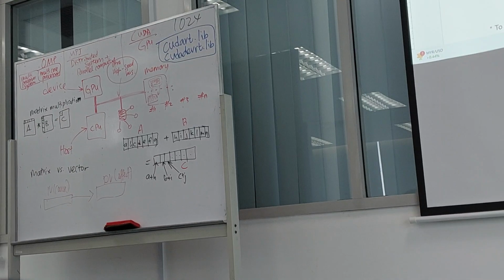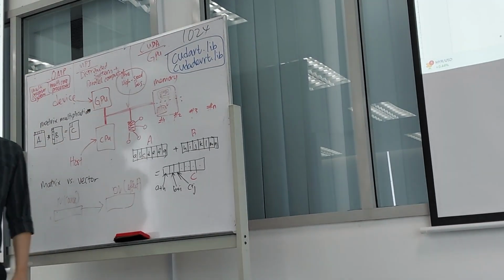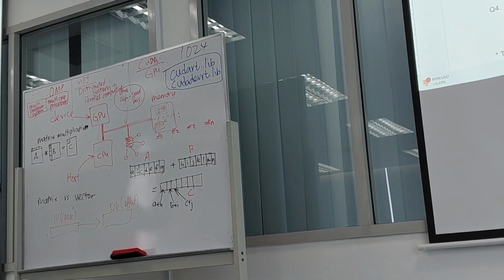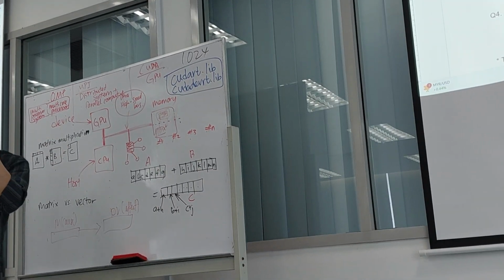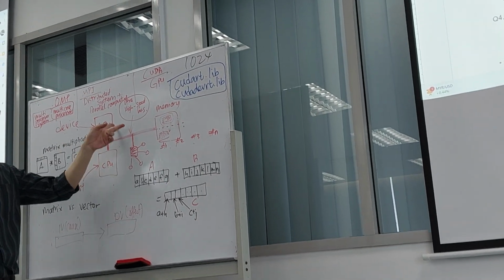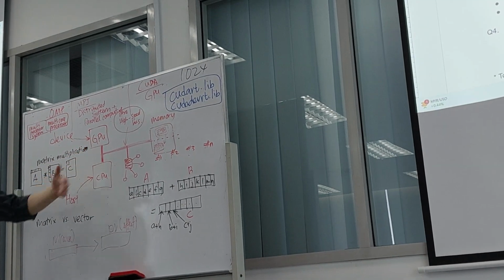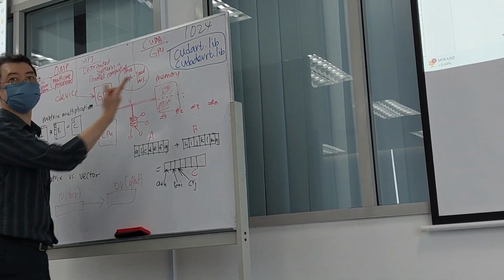Now there are two sets of memory. One set of memory is actually on the GPU itself. If you buy the GPU, you can see there are a lot of black chips at the back and the front as well. Those black chips are the onboard memory for the GPU. When you attach it onto the motherboard, the CPU is also able to access it.